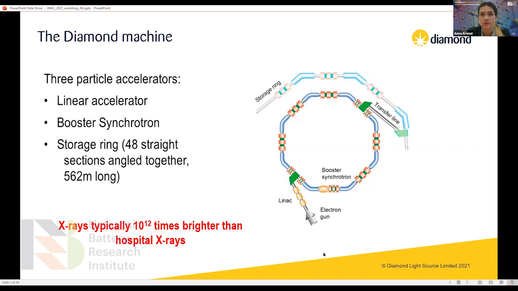Can you see my mouse, or maybe it's better to find the laser pointer? Can you find the laser? Click on the right part of the mouse. No, not here.